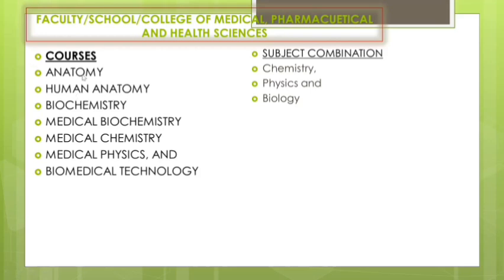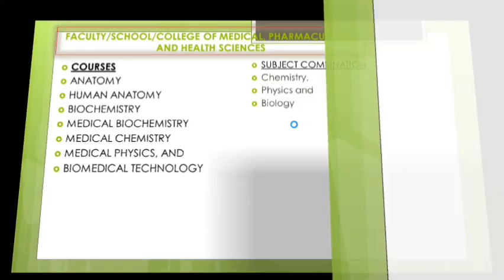So for a candidate that applies for anatomy, if he's not given that course, he can easily change to other courses like biochemistry or even medical biochemistry, since the JAMB subject combination is the same. So for change of course, the knowledge from this video can help you to easily do change of course.